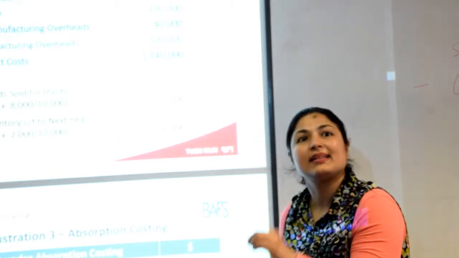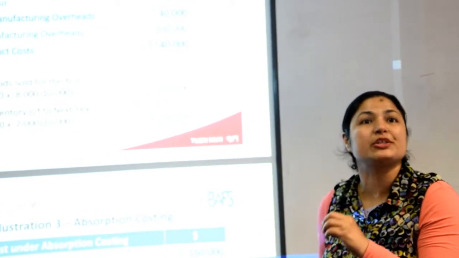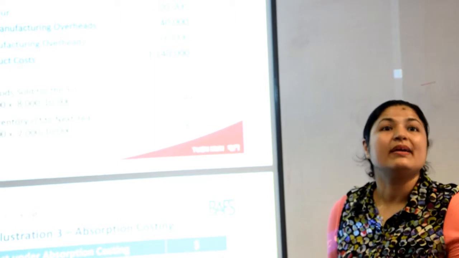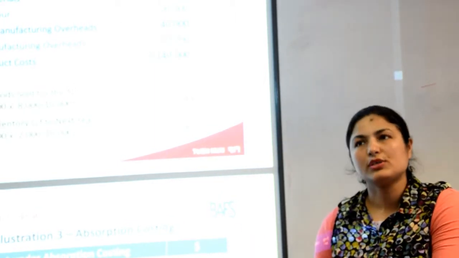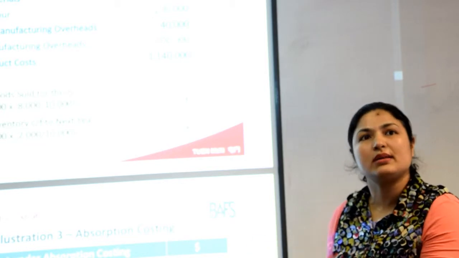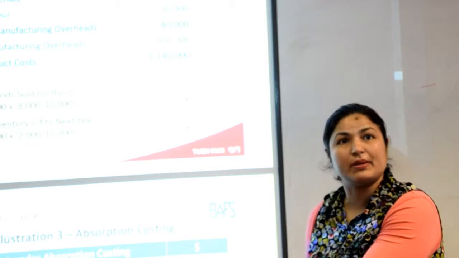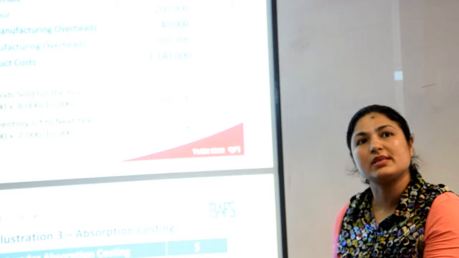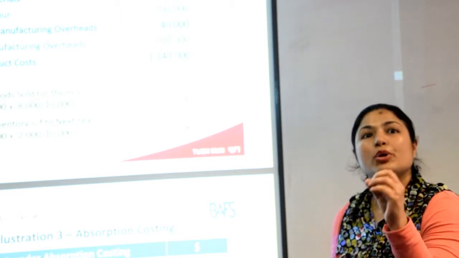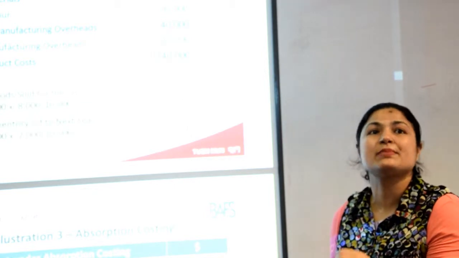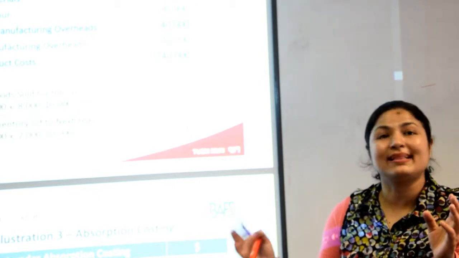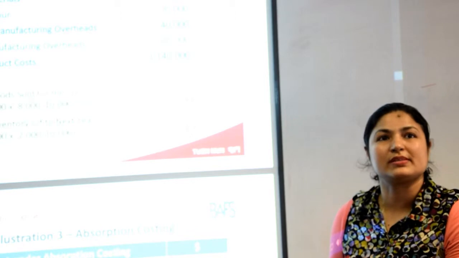The cost of that stock includes the element of fixed manufacturing overheads under absorption costing. So if you calculate the cost of closing stock under marginal costing, you are just looking at the variable cost. When you're looking at closing stock under absorption costing, you're looking at the variable cost plus the element of fixed manufacturing overheads, and that is why there is a difference between the profits.